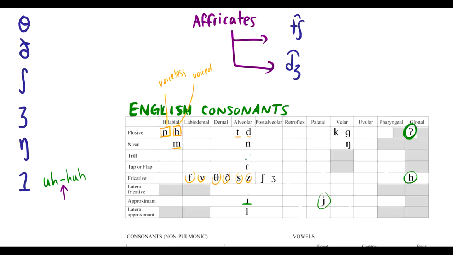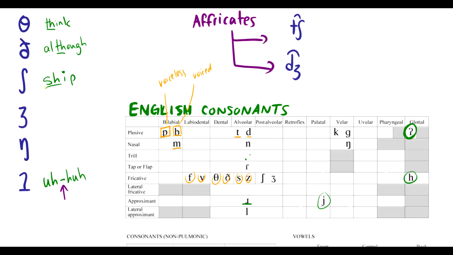Over on the left here, I'm going to give you some examples of words with these sounds. So this theta as in think, this eth as in although, this sh, or this integral sign, makes the sh sound. So we have ship.